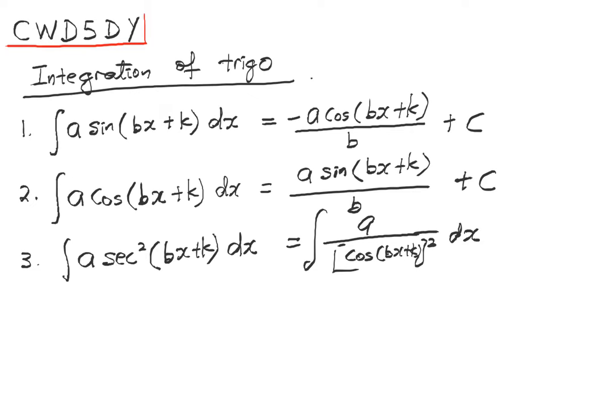So I will get tangent, because you differentiate tangent, you got secant square, correct? So now you integrate secant square, you got tangent. So these are the three that you have to remember.